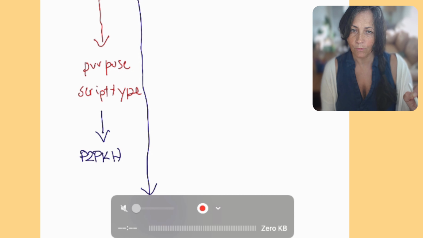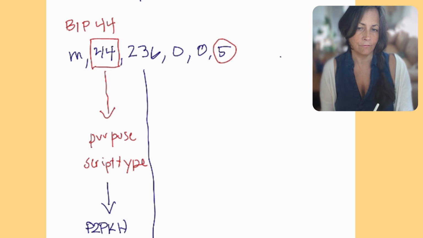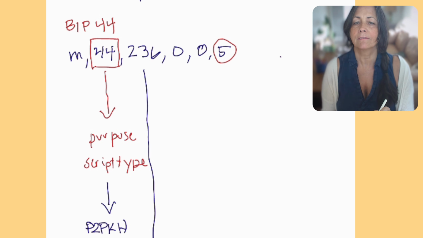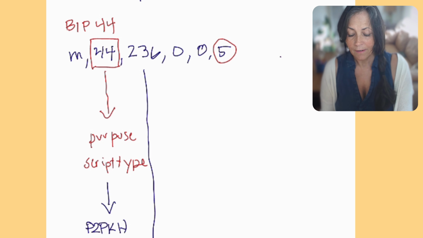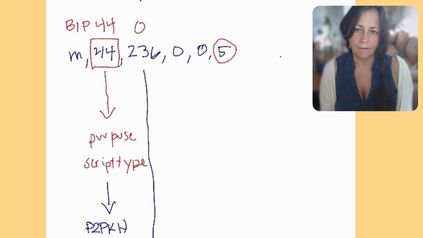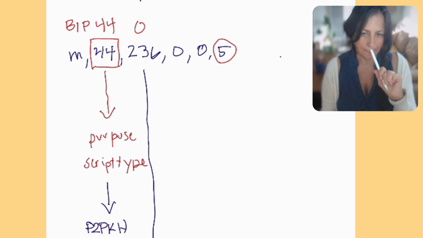I'm not sure where SLIP-44 is cataloged, but it assigned numbers to every different coin. So here you see 236 means BSV. 0 is what the core coin uses. So that's BTC core coin.